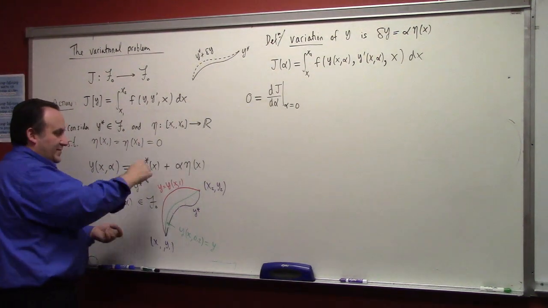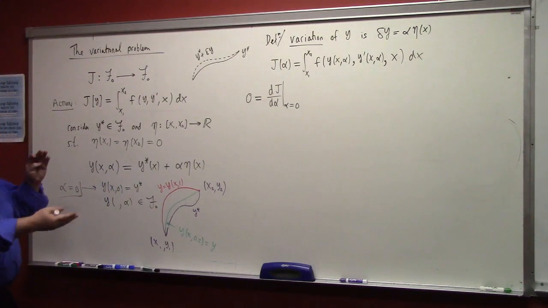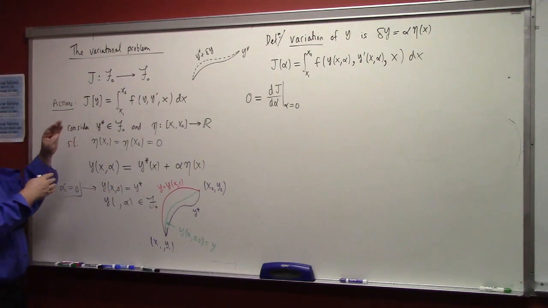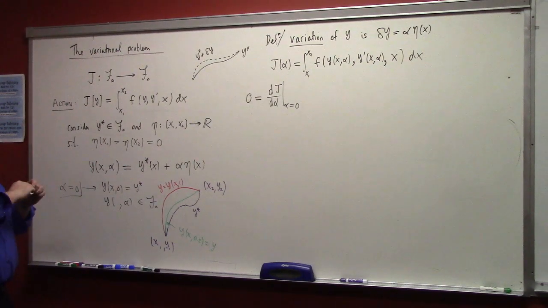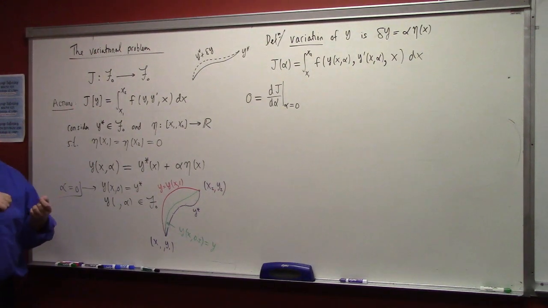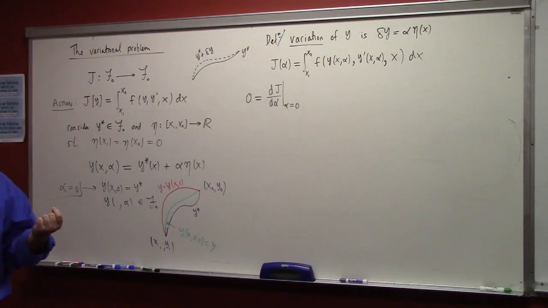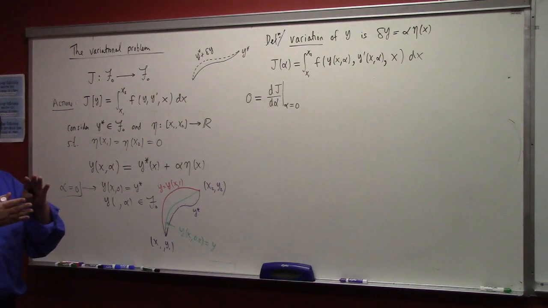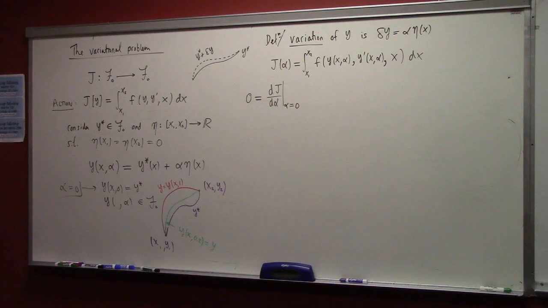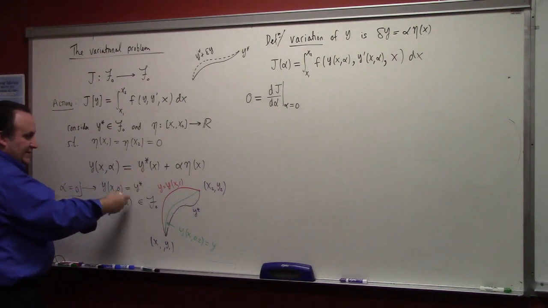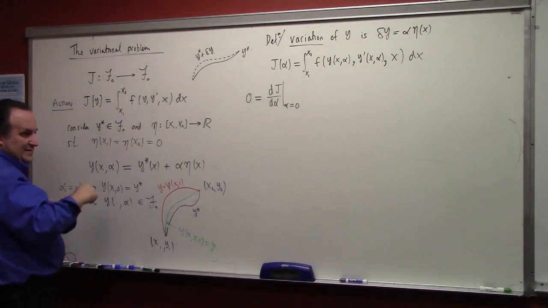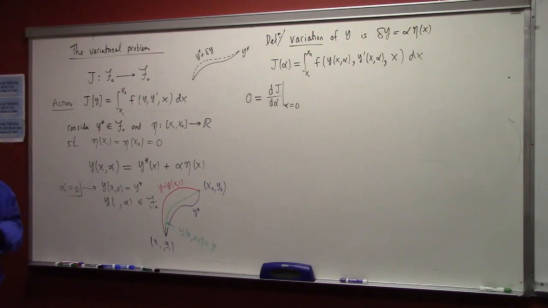Whatever choice of eta I pick, if I look at all functions near y star, it shouldn't matter if I'm sampling from the ones that are eta related, or if I pick a different eta, say eta 2, and add eta 2. It still should be the case that y star is the maximum close to whatever. If I look at some family of functions close to y star, it should still be maximum there. All right, you see I'm waving my hands a lot.